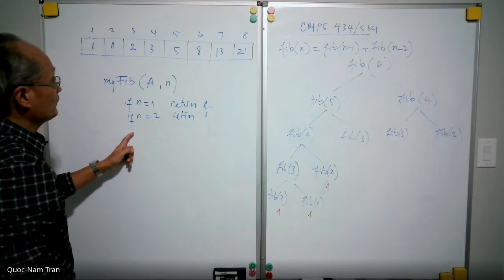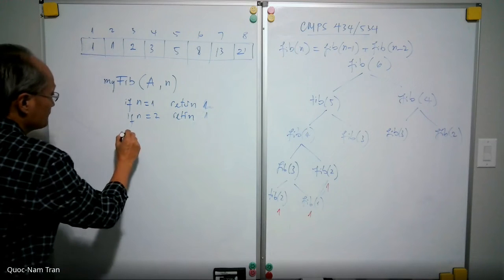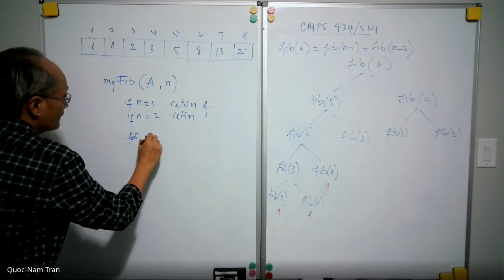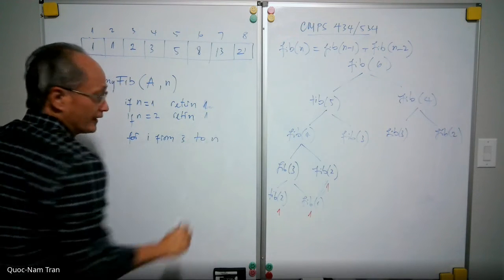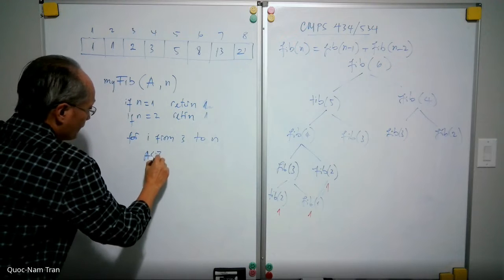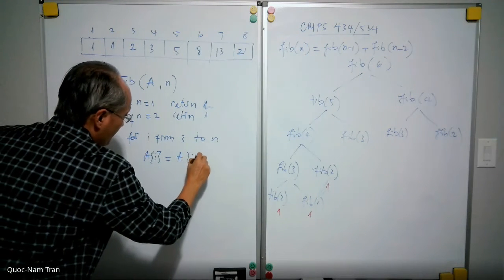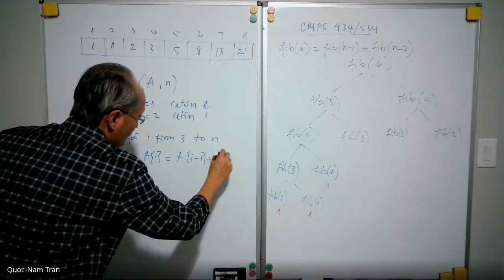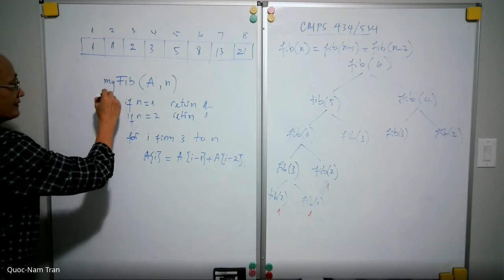Okay, and then we will have the next calculation. So for i from 3 to n, right? Okay, a[i] will be assigned a[i-1] plus a[i-2]. And that's it, right?